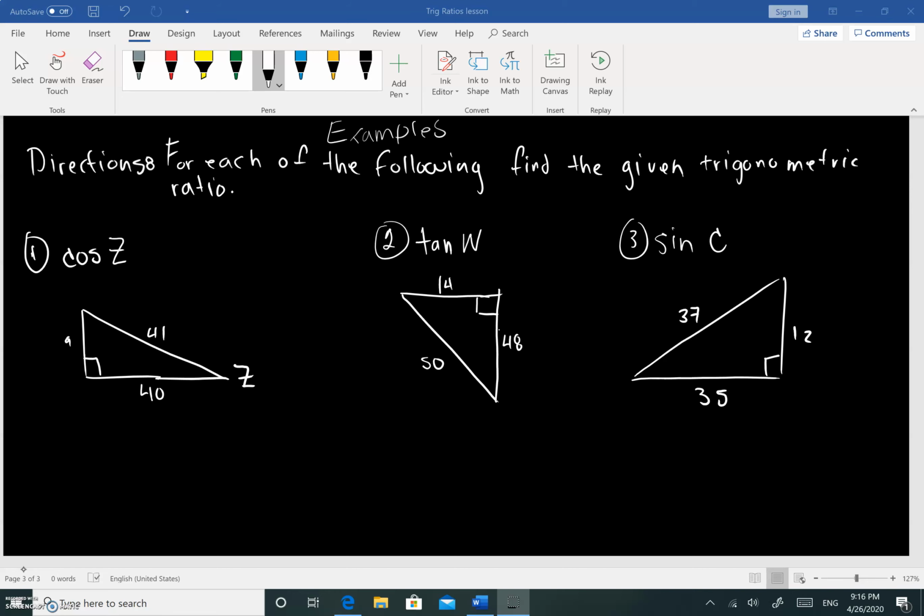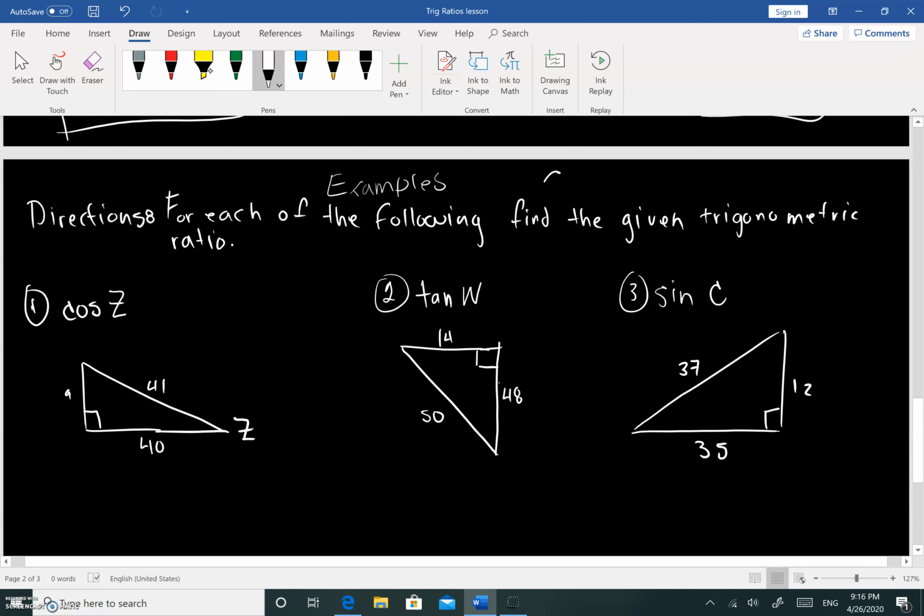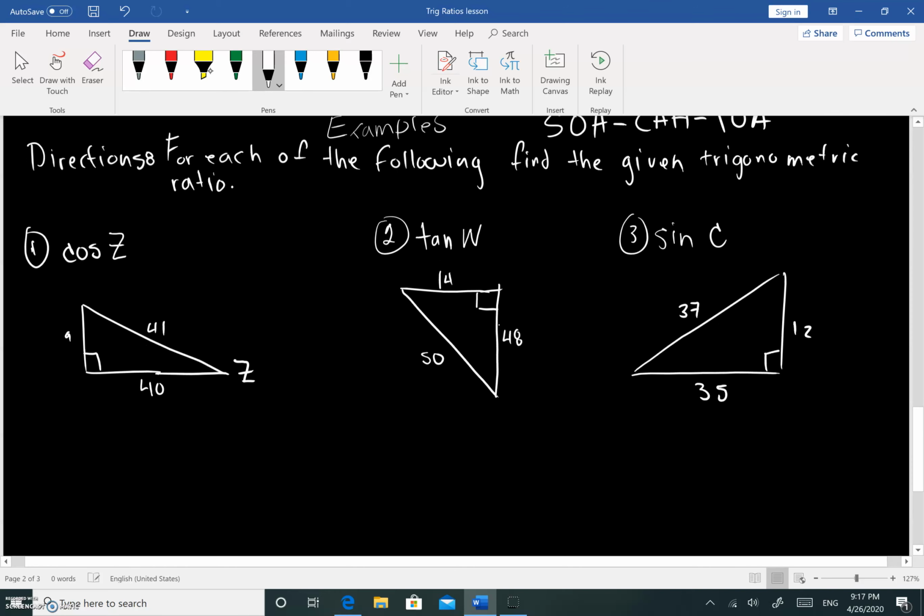Now cosine, the first thing that you have to go ahead and write down is the formula for cosine. So write down the acronym. I'll go ahead and write on top SOH, CAH, TOA. And in this case, we're focusing on the CAH, right?